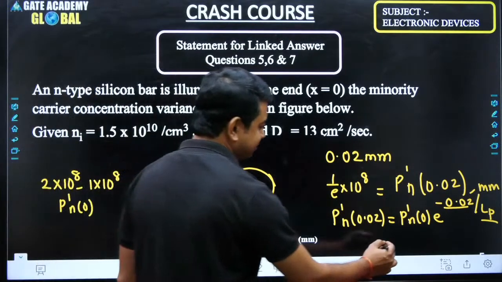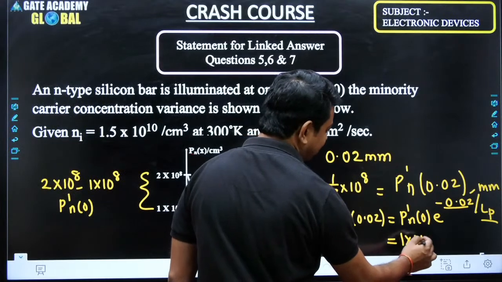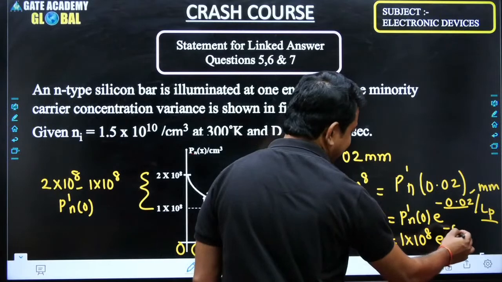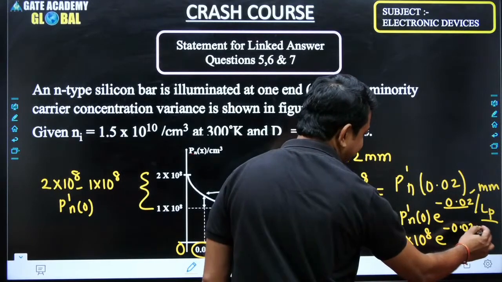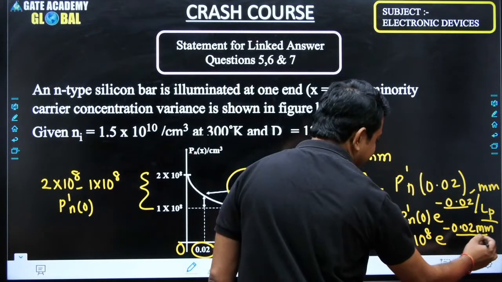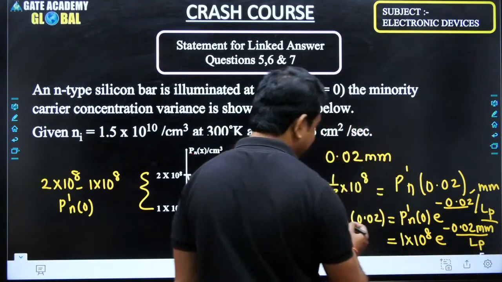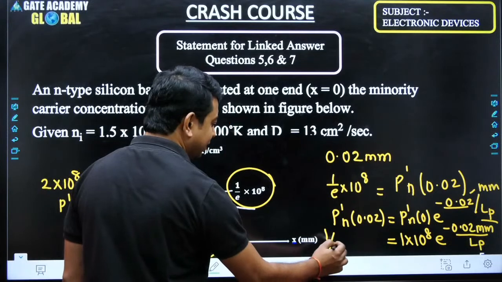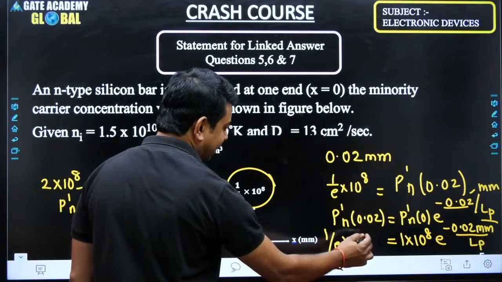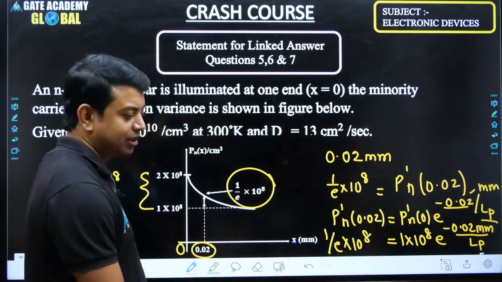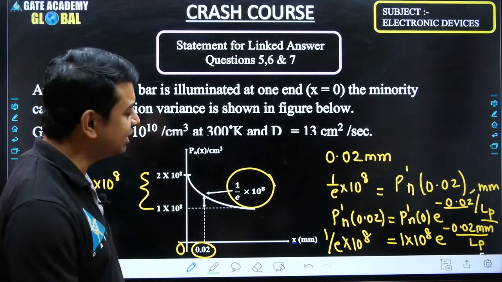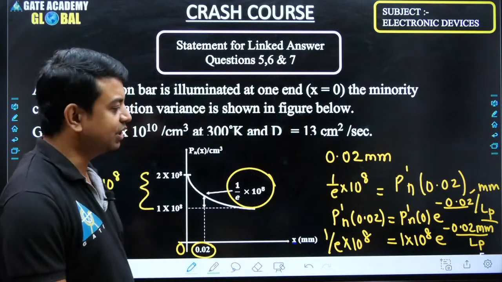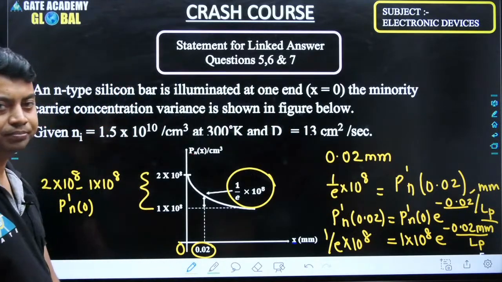So this will be equal to 1 into 10 to the power of 8 into e raised to minus 0.02 mm divided by LP, and P dash n of 0.02 is given by 1 upon e into 10 to the power of 8. Use this formula. There is only one unknown in this formula, LP, so we can find the value of LP from here.